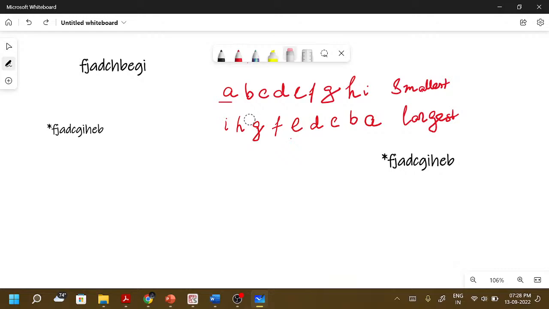The largest permutation will be when all the letters are sorted in descending order. That is the difference between smallest and largest. After this, there is no next, and there is no previous after this.